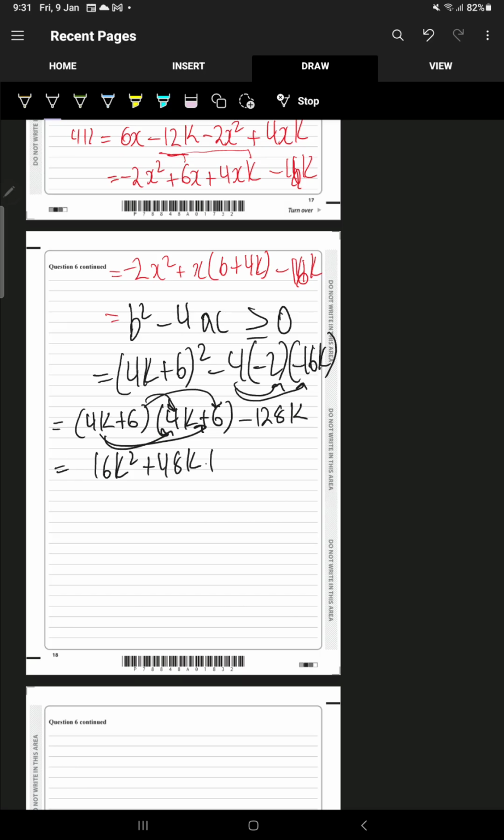Then 6 times 6 is 36. 48k minus 128k is minus 80k, plus 36. Now you can solve this quadratic equation.